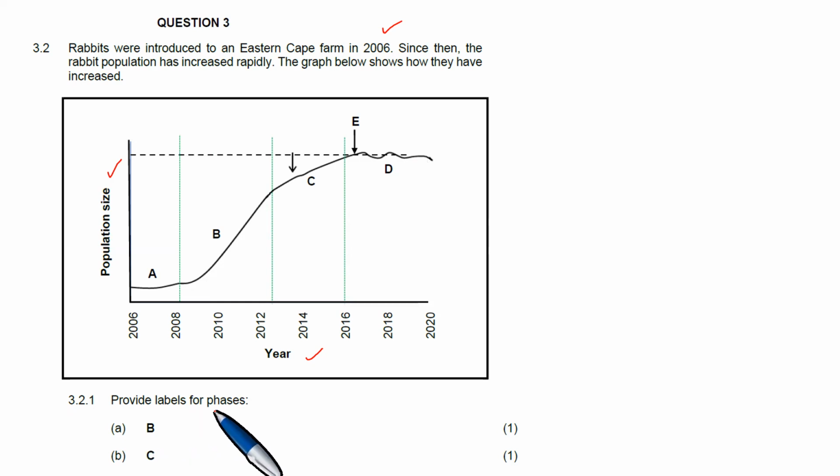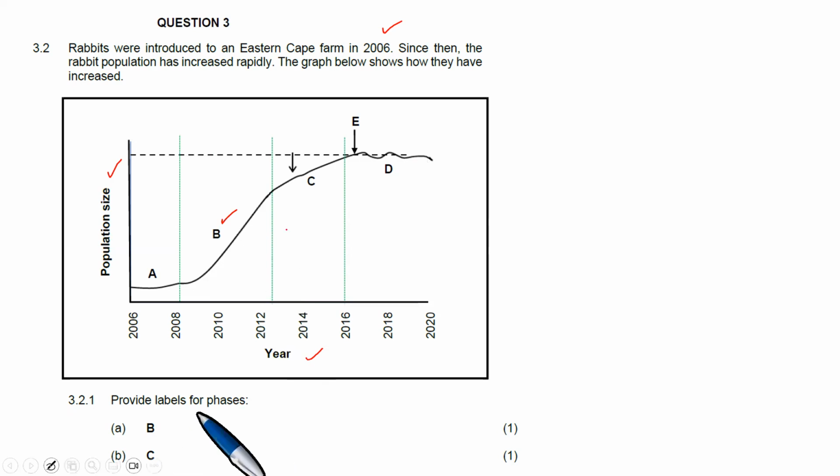So provide labels for phases. When you're studying population dynamics at grade 11, it's very important to understand how the population must be studied. So in 3.2.1, provide labels for phases. B, what is this phase here?